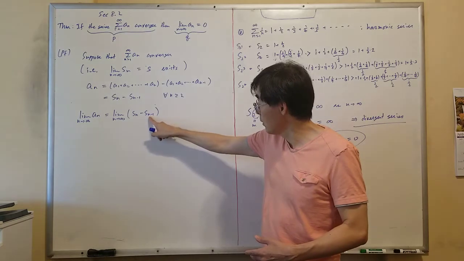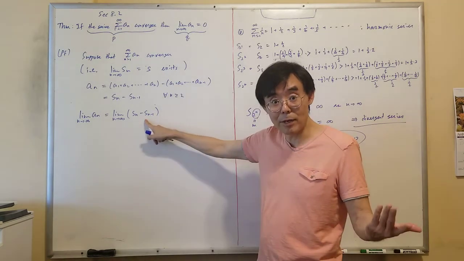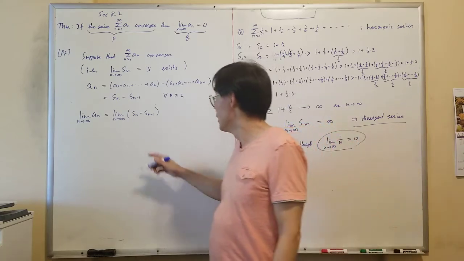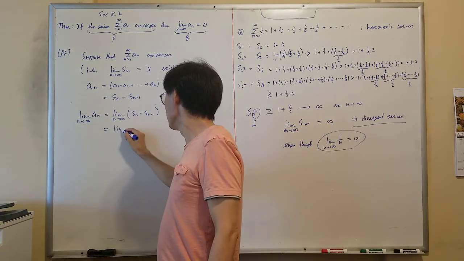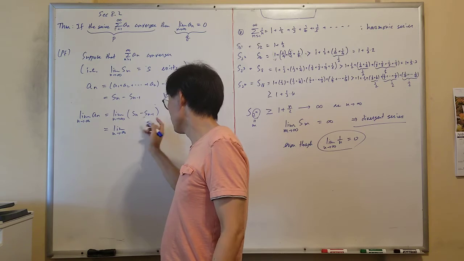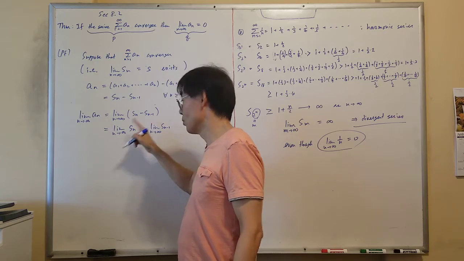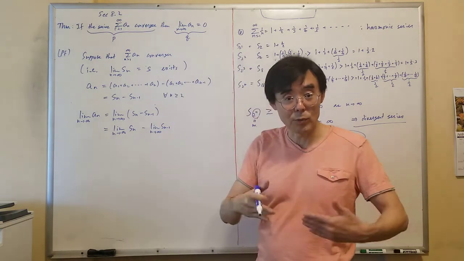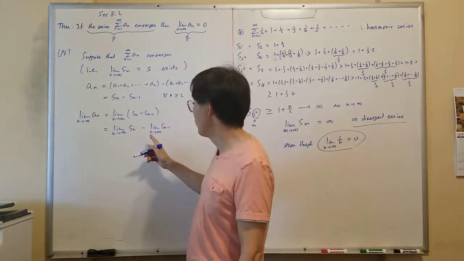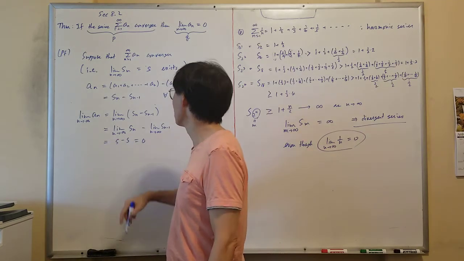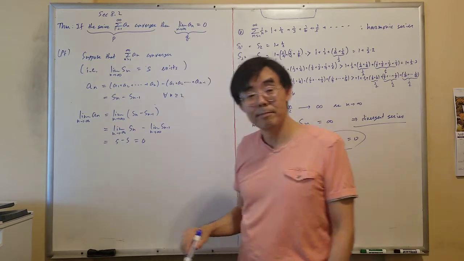As n goes to infinity, this will approach the same value, right? Just one step behind, but n goes to infinity. So both are the same convergent sequence, one step behind. We learned that these two converge to the same value as just one step behind. Section 8.1 we already covered. S minus S is 0, as we expect.